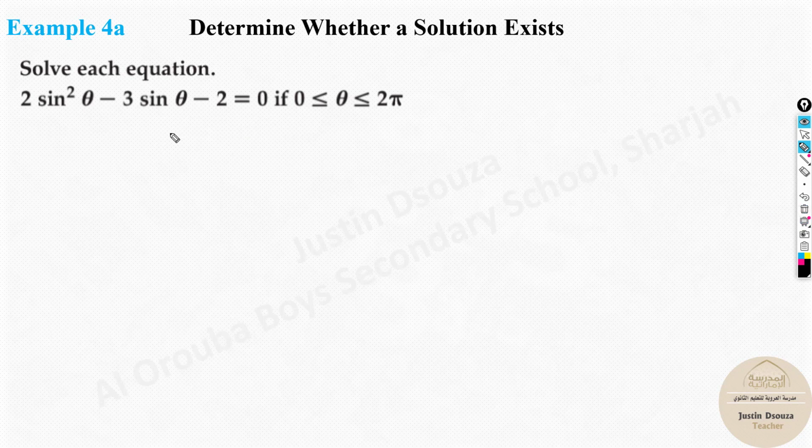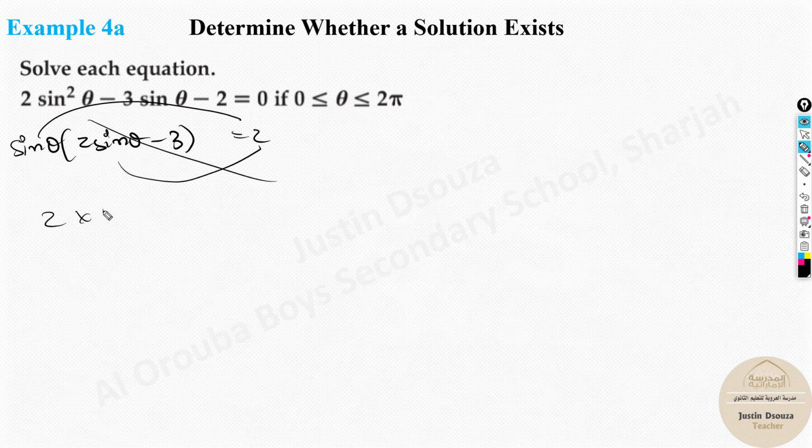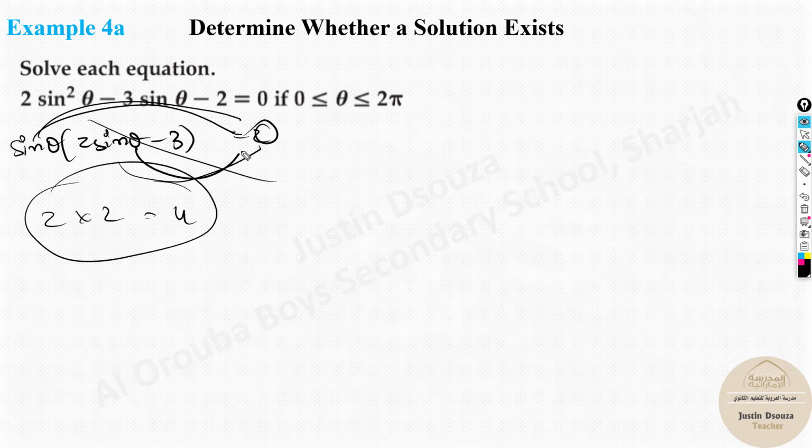You can't directly say this is equal to 2 and this is equal to 2. Why? Because then 2 times 2 is equal to 4, which is not true. Whereas in the case of 0, if this was 0, then yes, we can definitely say this must be equal to 0 or this is equal to 0. So that is how it is.